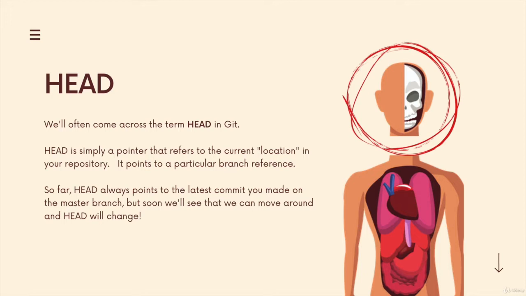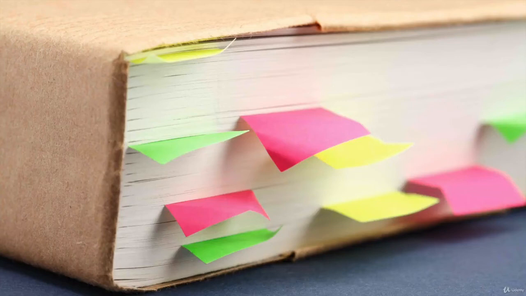I like to think of branches as bookmarks in a book. We can have a whole bunch of different bookmarks, different places in a book. So let's say this is where I left off in the book, and this is where I'm sharing it with my friend. This is where Fitz left off, and this is where Ethel left off in the book. Three different spots.